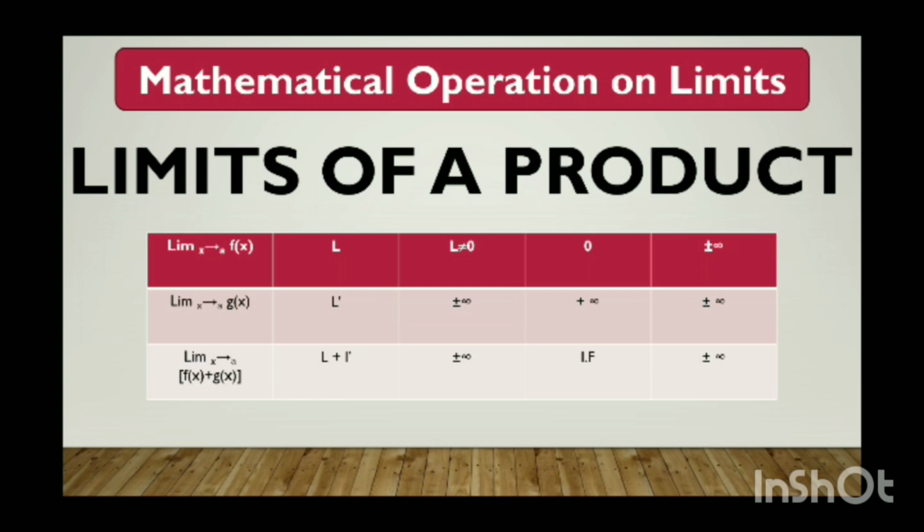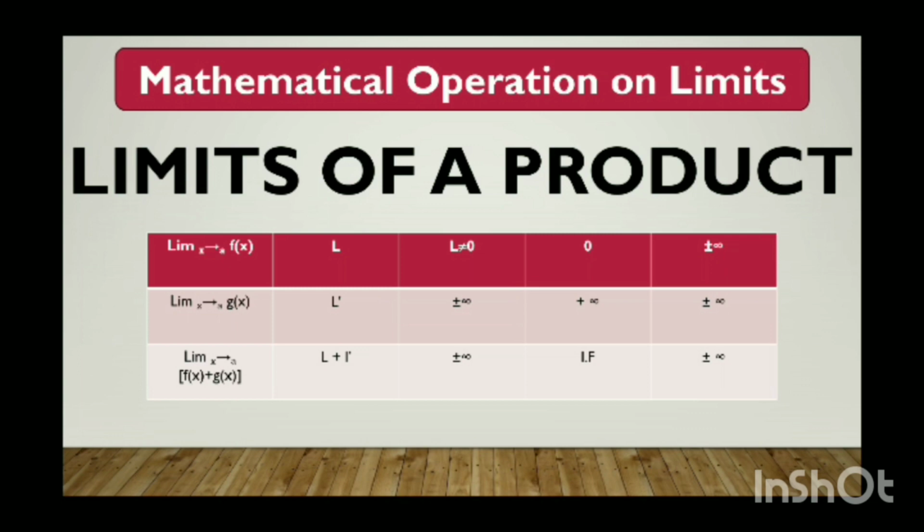If the limit as x tends to a of f of x is L and that of g of x is L prime, then the limit as x tends to a of f of x times g of x will be L times L prime, not plus. That's the error I've made there. It is L times L prime.